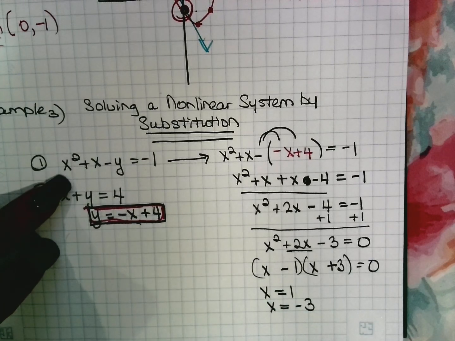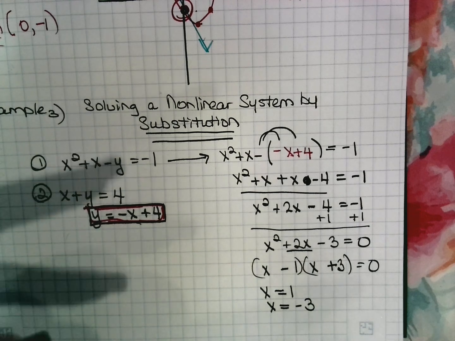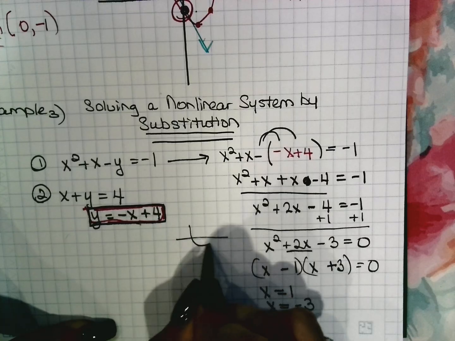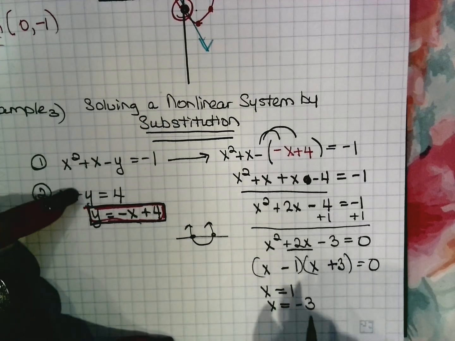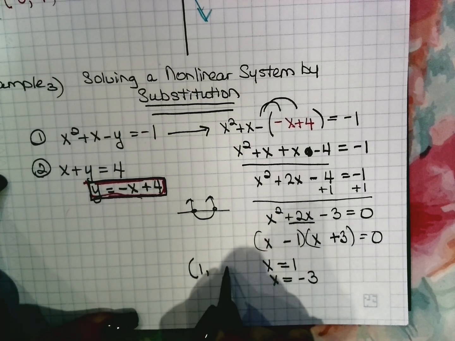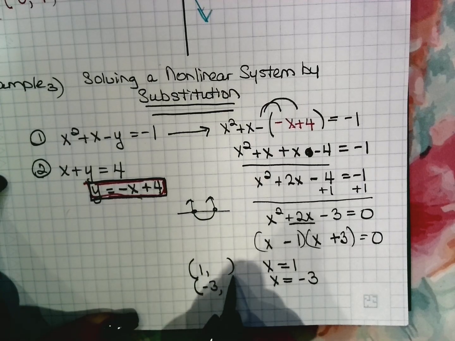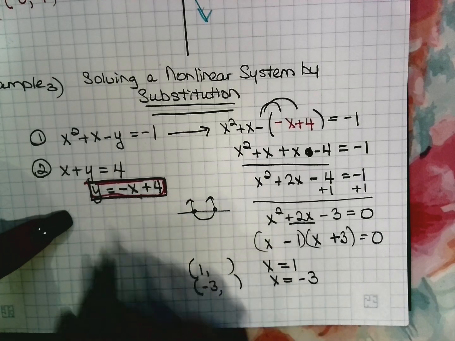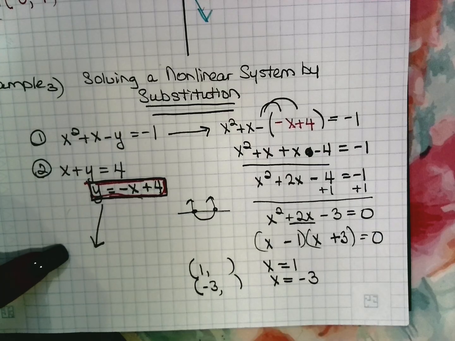This is a quadratic and a line, and it's going to have two solutions because I have two x's. So we know this is going to be one of those, right, where it crosses at two places. So for our first point, we have the point 1 comma something, and for the other one, it's negative 3 comma something. I recommend that you plug these into this one because it's really easy to figure out.